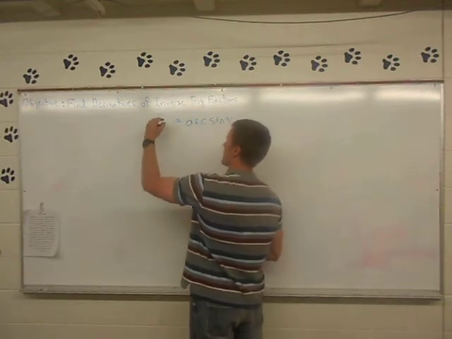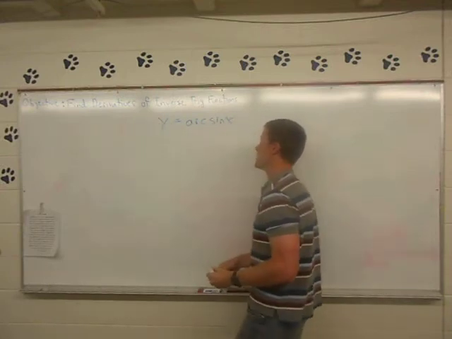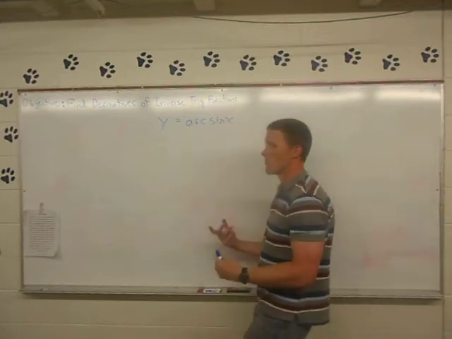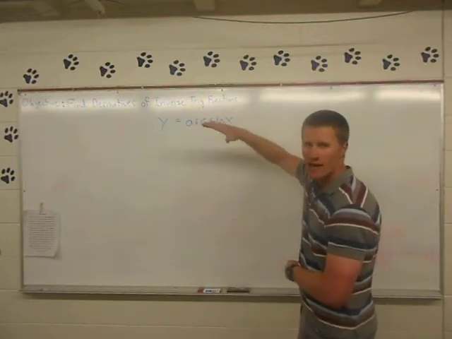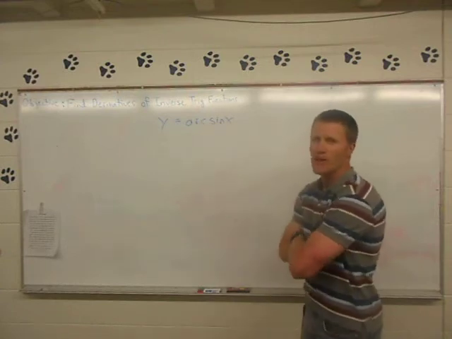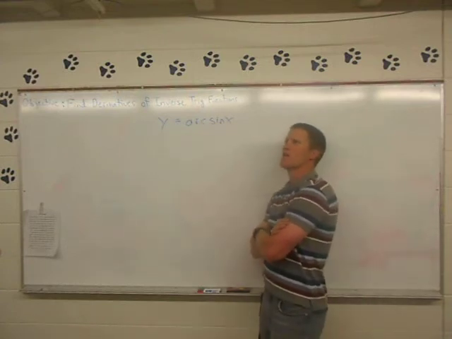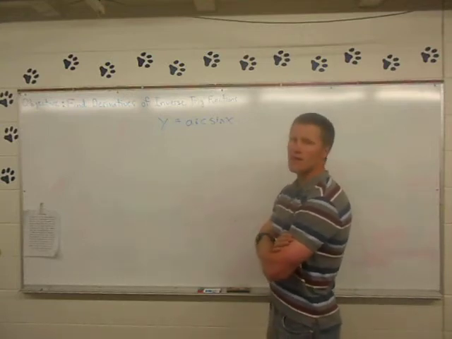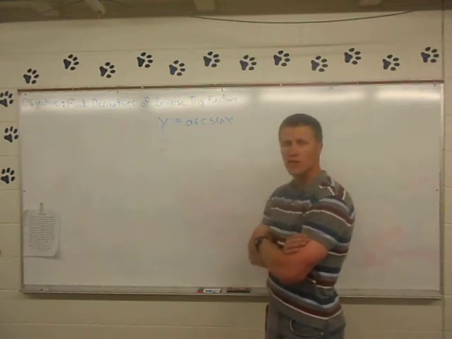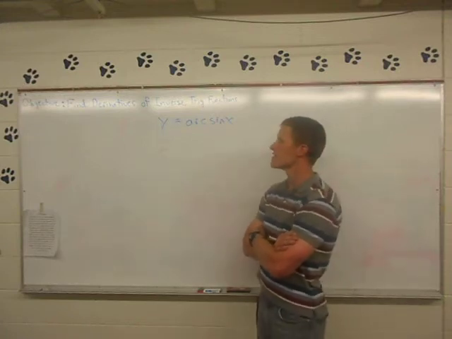So let's start with that. First question would be, what do you do with that? We really don't know how to take the derivative. That's what we're trying to do. So we've got to use something algebraically and creatively so we can find a derivative for this. If you've done logarithmic differentiation, the idea here is the same.